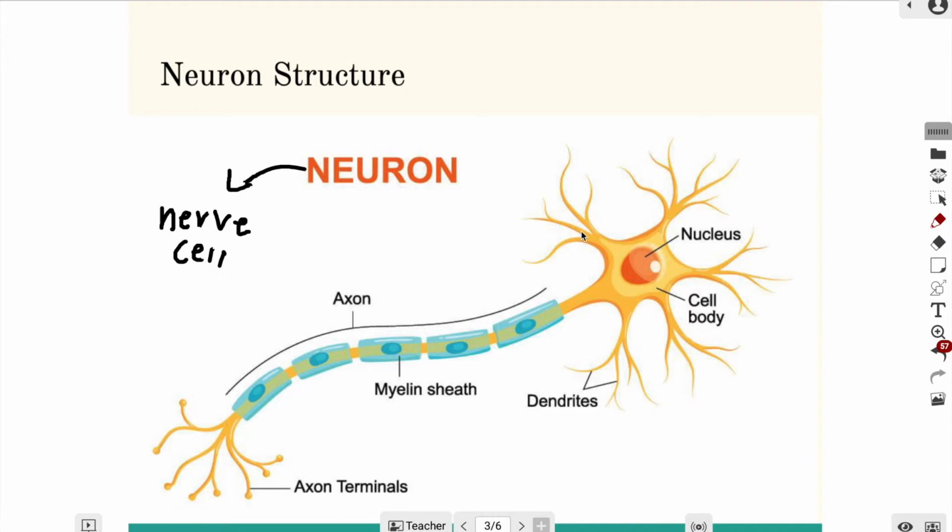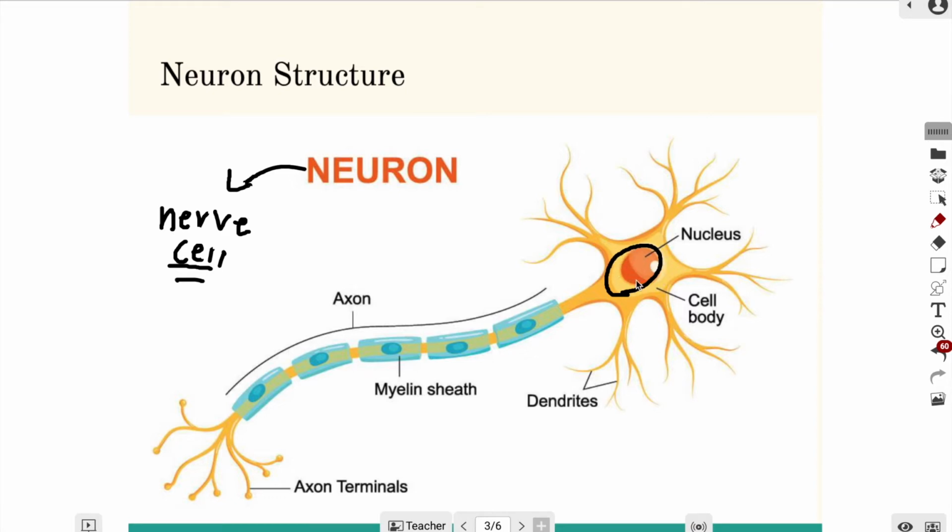The first thing, of course, with the neuron structure is, since it is known as a nerve cell, the reason why we can call it a nerve cell is because if you see this center here, there's a label called a nucleus. All cells have a nucleus, correct? And this is literally what is known as a cell body.